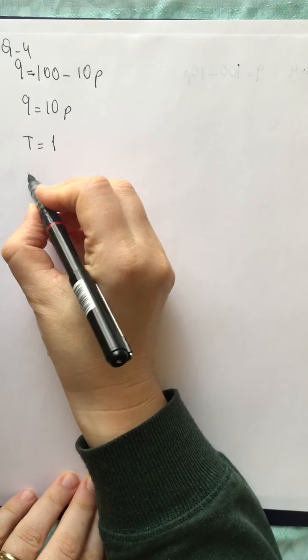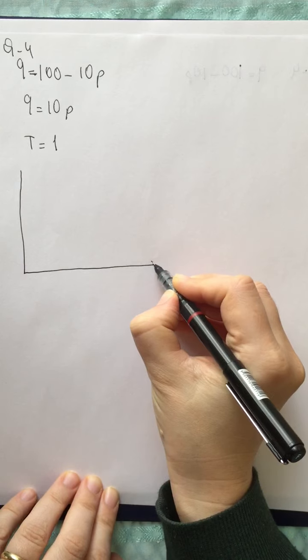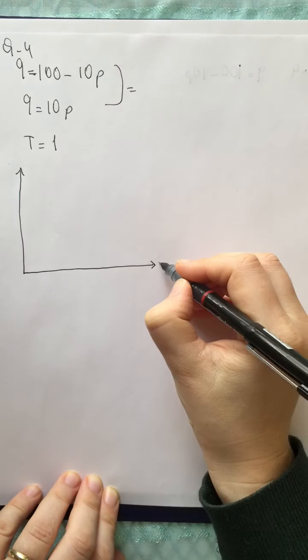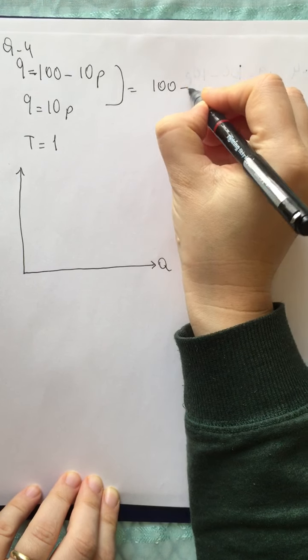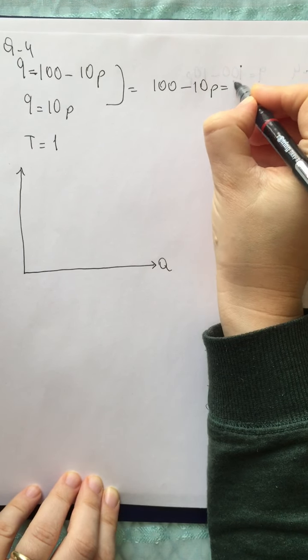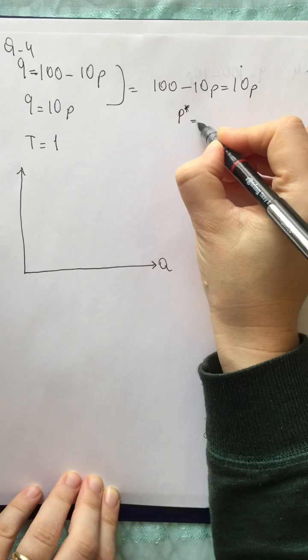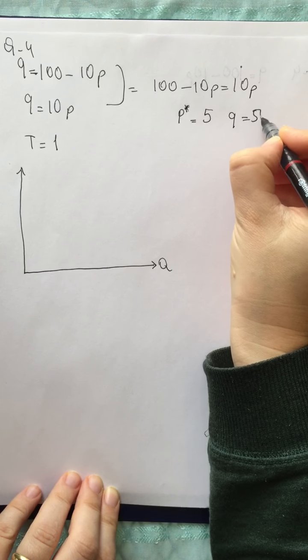The question A. Let's first find the equilibrium quantity and price again. When we equalize them to each other, the same demand functions, we found that 100 minus 10p equals 10p, then equilibrium price before the tax is 5 and equilibrium quantity is 50.